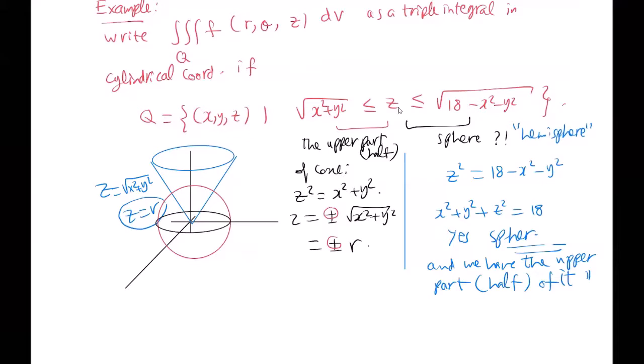So where is the region he is speaking about? Z bigger than this cone and less than this sphere. So where is this region? This is the common part between them.